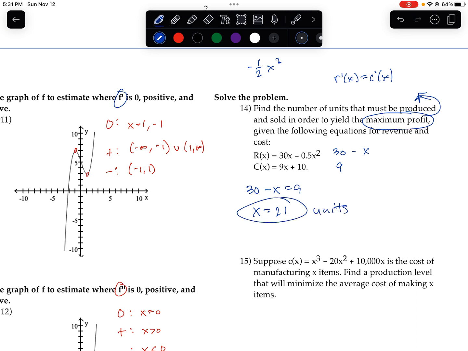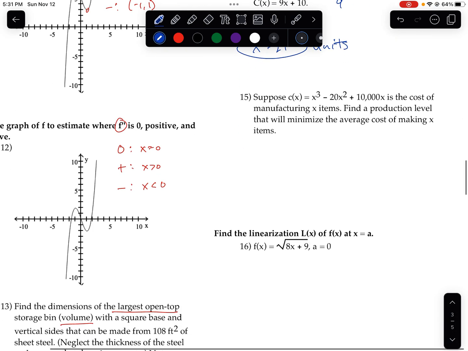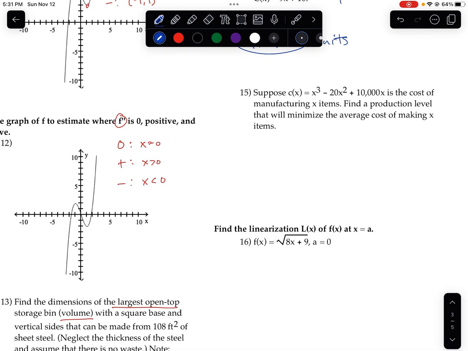Okay, there you go. Alright, so number 15, C of x is the cost of manufacturing x items. Find the production level that will minimize the average cost. So minimizing average cost will happen when the average cost, which is c of x divided by x, is equal to c prime of x. So let's find the average cost.